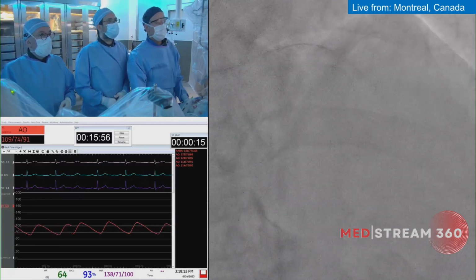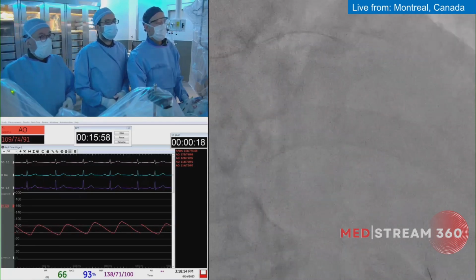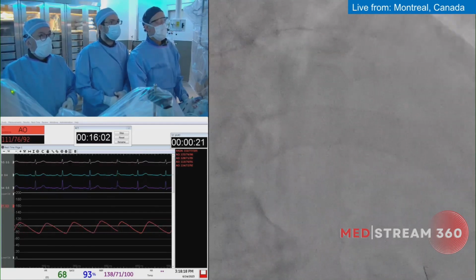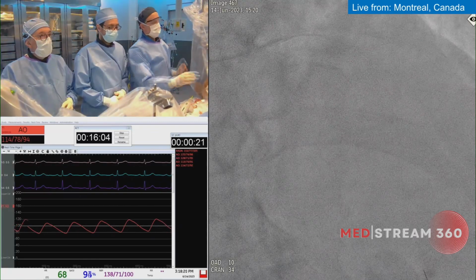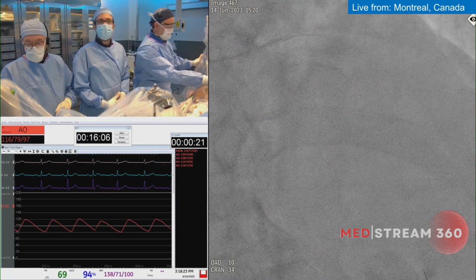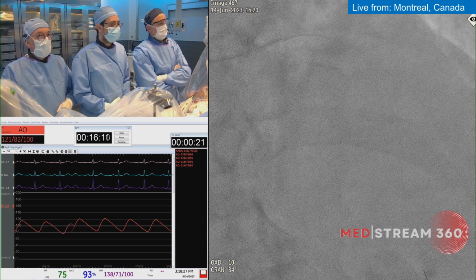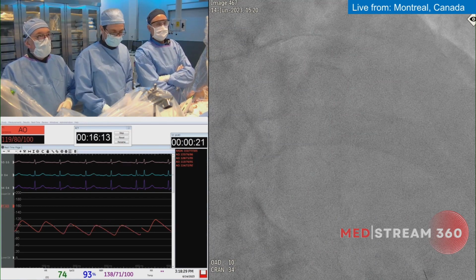One good thing with orbital atherectomy is that we can ablate forward and backwards. Here we go. Gonna let the artery breathe a little bit. The risk of crown entrapment is much lower than burr entrapment with rotablation, so that's a good thing here.